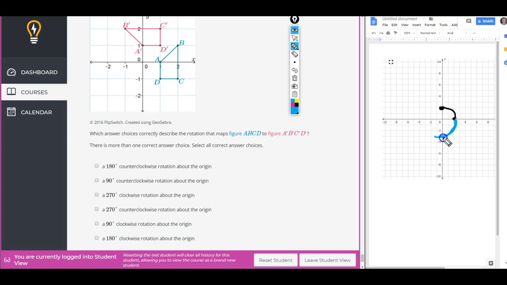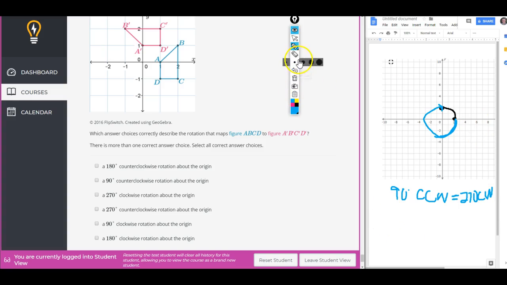So this is 90. This is 180. That would be 270 to end back up at this. So I'm just breaking it down that way. I know that a 90 degree counterclockwise rotation is the same thing as a 270 degree clockwise rotation.